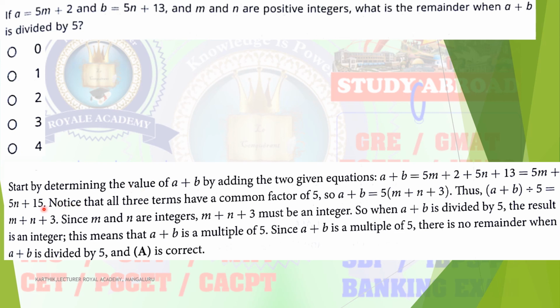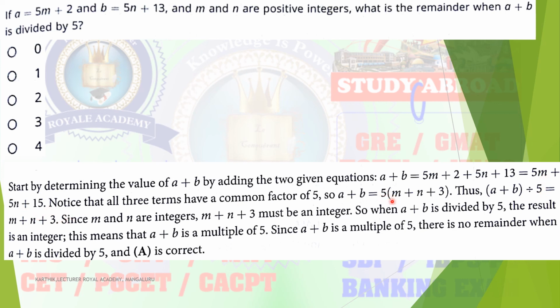So just club together, you will get 5m plus 5n plus, 13 plus 2, that is 15. So 5m plus 5n plus 15 you will get. So a plus b, here the common term is what?